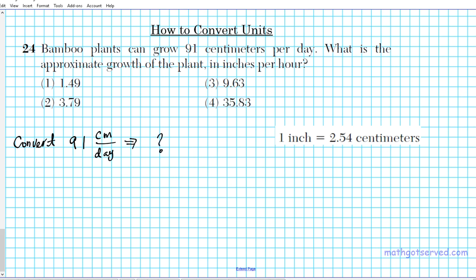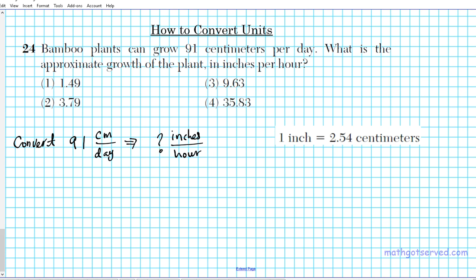We don't know what it is, but it is in inches per hour. So what is this value? If we convert the units from centimeters per day, length per time, to inches per hour, length per time, what would the resulting value be? What would 91 change into? That's what we are going to do here.